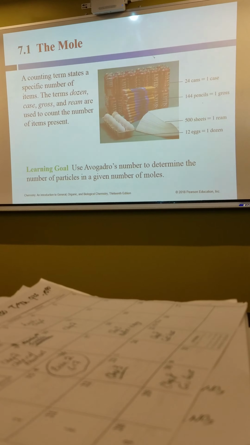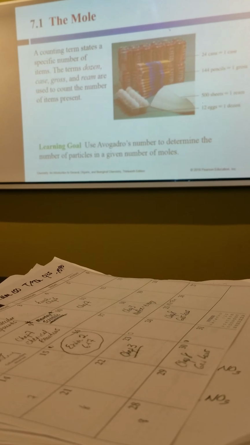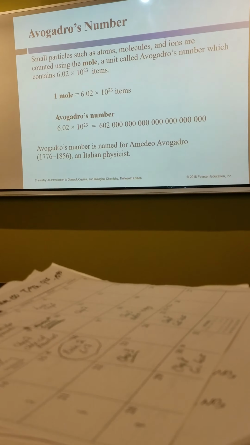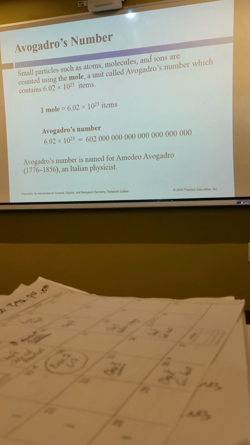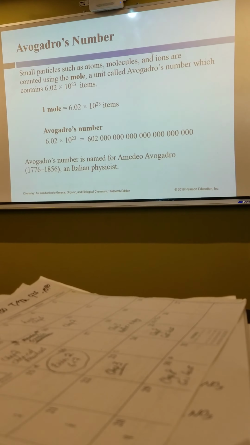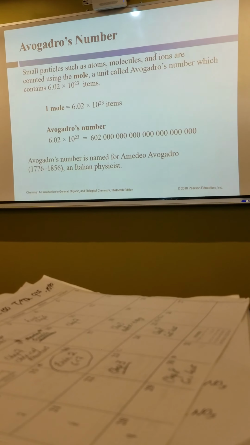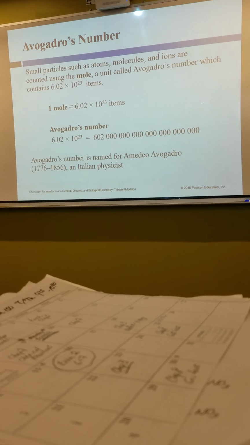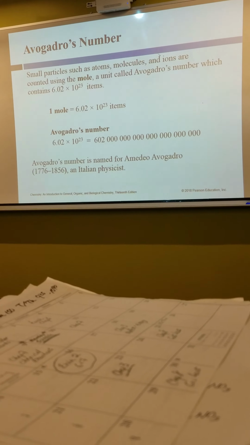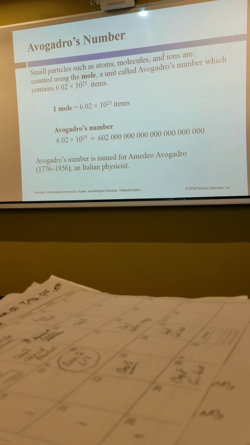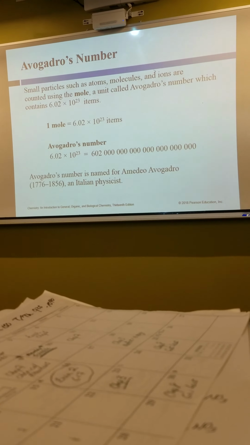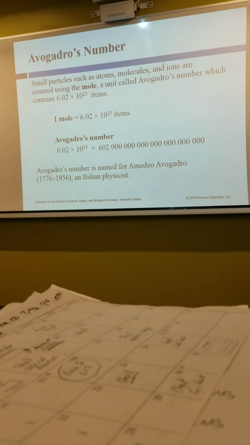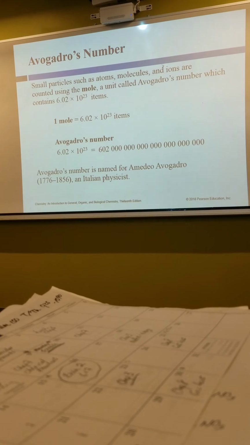Yeah. But what we're using is something known as Avogadro's number. Avogadro's number is some outrageously large number. It's 6.02 times 10 to the 23rd. I read in another chemistry book that if you line up 6.02 times 10 to the 23rd pennies, you could go up to the sun and back.